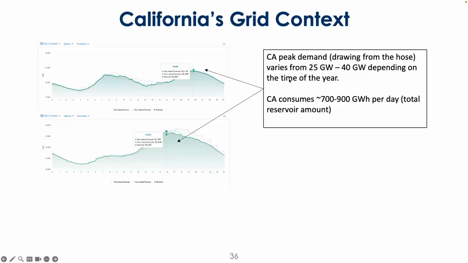And the peak demand, that is the point in the day that our state is asking for the most electricity, varies from about 25 gigawatts to 40 gigawatts, depending on what day of the year you're looking at, right? So summer and fall usually have the highest peak loads because of AC demands. And then in the winter and spring, you might have peaks more at around 25 gigawatts. And in terms of energy, we consume about 700 to 900 gigawatt hours per day.